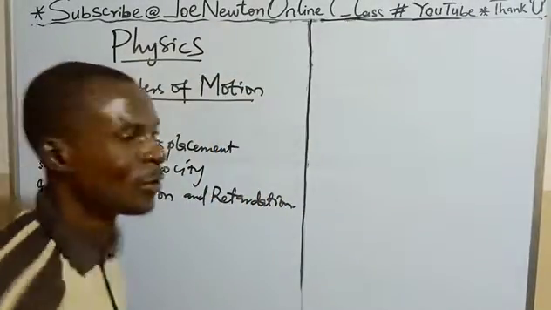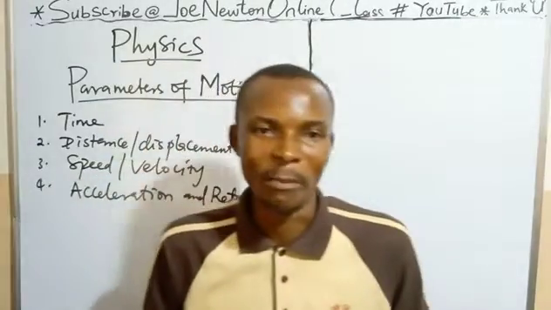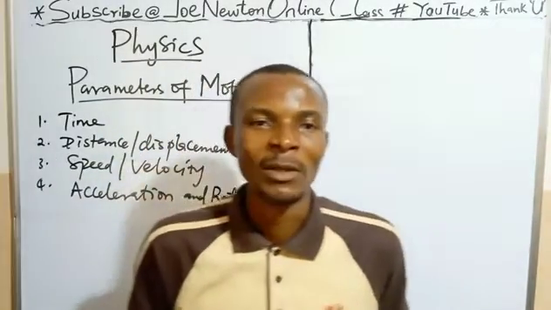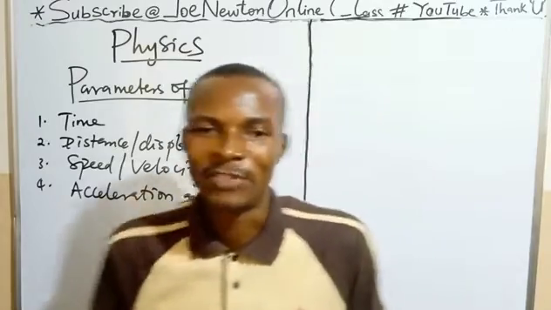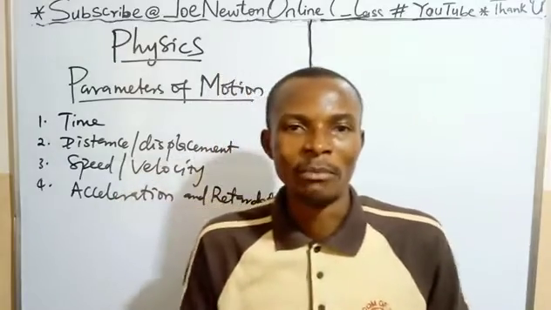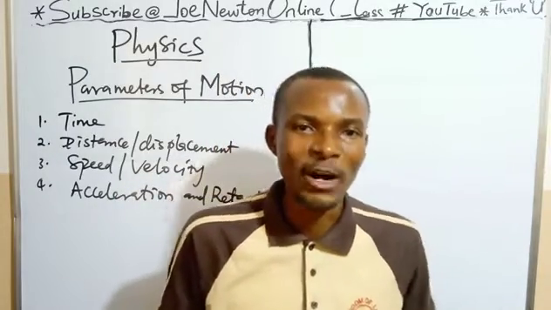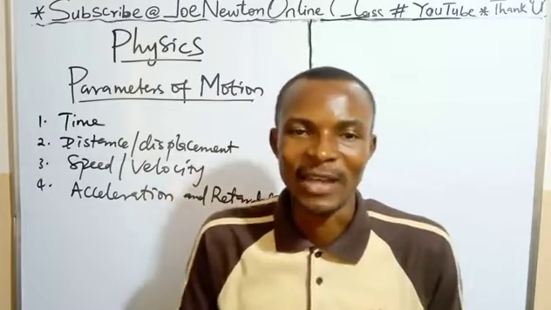Now time. When a body undergoes motion, remember we said that motion is the change in position of a body with respect to time as measured from the frame of reference. Time simply means the duration of an event, the duration with reference to before and after, to which an event lasts. That is the time.